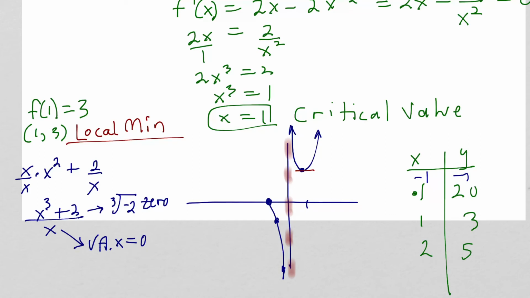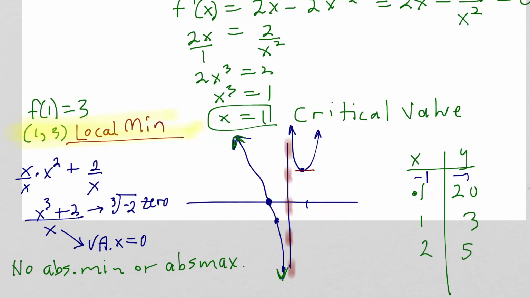Now, I checked a few more dots over here. This graph is actually going to head up this way somewhere over here. So I'm going to classify my one critical value as a local min, and I'm going to conclude that there's no absolute minimum or absolute maximum value because of these arrowheads on this piece over here and this piece over here.